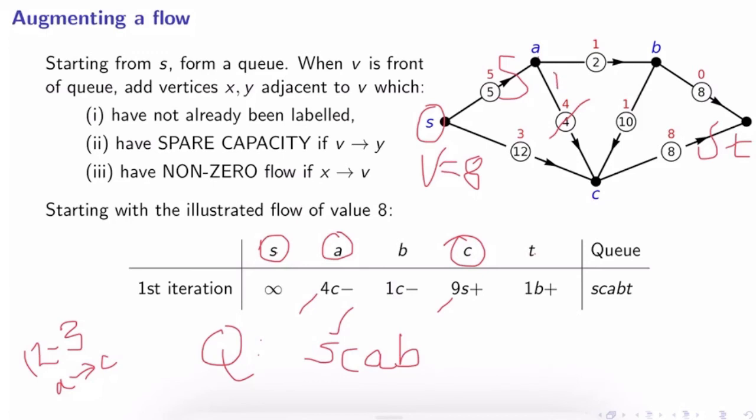What's relevant is the fact it has non-zero flow in this case. And so we put the flow we can reduce to 0, and that's 4. And we put the C because it's coming from C. We're labelling A effectively. Before we labelled C, now we're labelling A, and we can reduce the flow. So in some sort of net sense, the flow is coming from C.